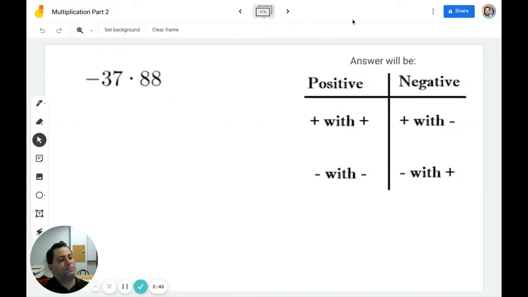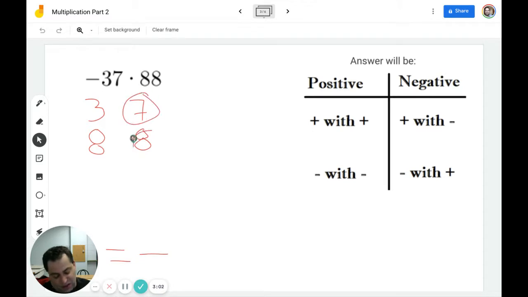Let's try another one. Here I have negative 37 times positive 88. Well, I know my answer is going to be a negative. I'm going to write my numbers in a box, 3, 7, 8, 8. 7 times 8 is 56. 7 times 8 is 56, plus 8 times 3 is 24.